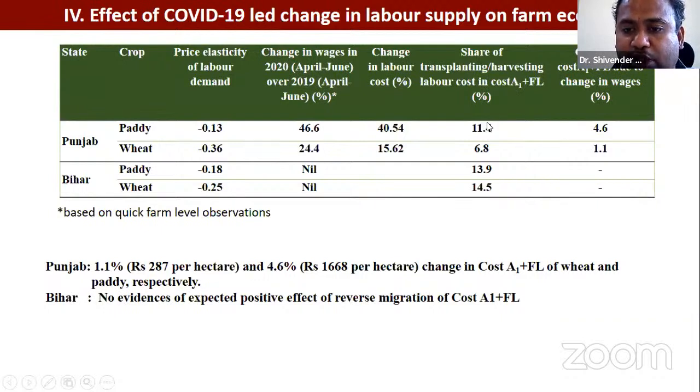That constituted about a 6 to 12% share in the total cost of cultivation. So the total effect on cost will be only about 1% for wheat and about 5% for paddy. So this was using the elasticity concept. The purpose is that we can use the concepts of elasticity to explain some of the things taking place in society because of some interruption, like COVID.